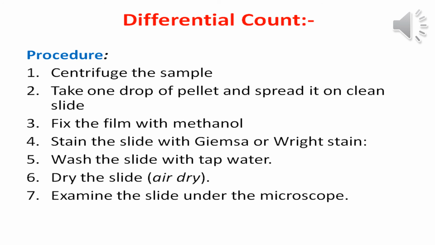If the type of white BC present is neutrophils, that means the infection is due to bacterial infection. If the cells present are all lymphocytes, that means the infection is due to viral infection. Then the differential count is very important to detect the type of infection.